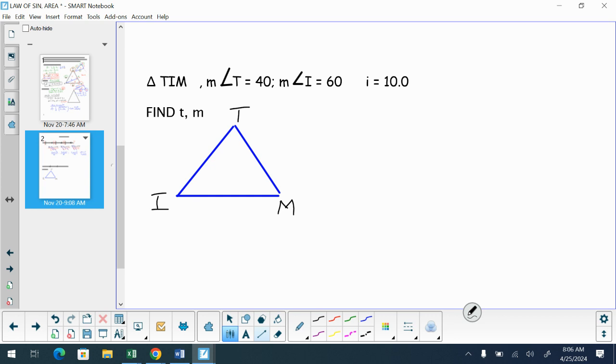Put your lowercases in. We are given the measure of angle T is 40 degrees. We're given the measure of angle I is 60 degrees. We're given little i is a length of 10.